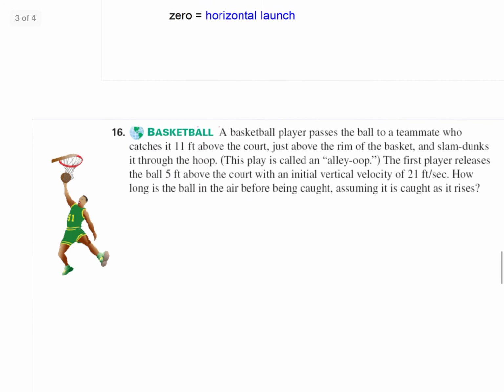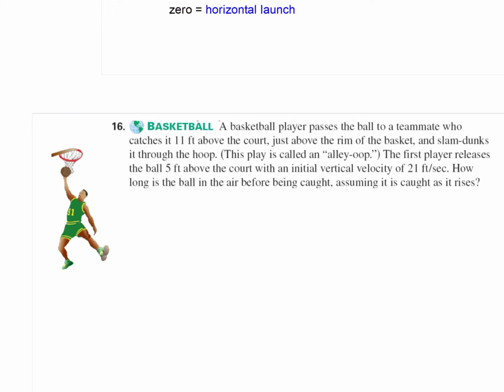Okay, so a basketball player has a teammate who catches the ball 11 feet above the court, just above the rim, and slam dunks it through the hoop. It's called an alley-oop. The first player releases the ball from 5 feet off the ground. For all you guys who love to draw on these iPads, here is your chance. The first player has the basketball, currently in my drawing, not to scale obviously, 5 feet above the ground.